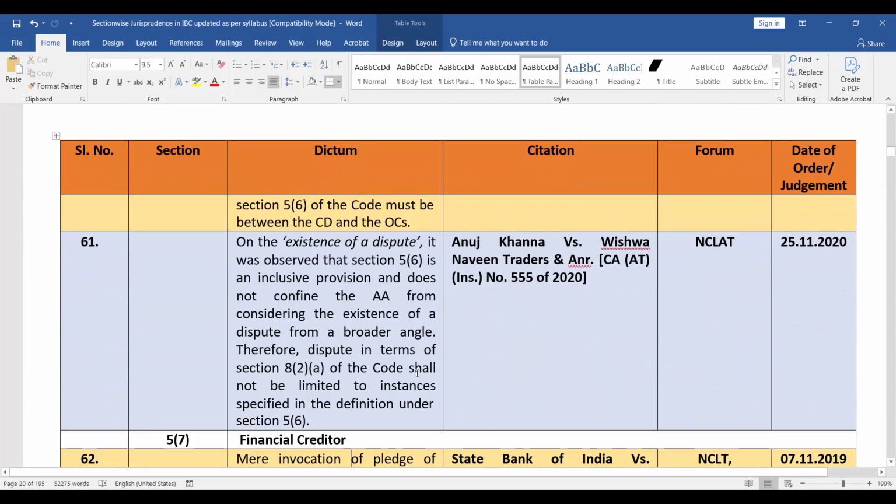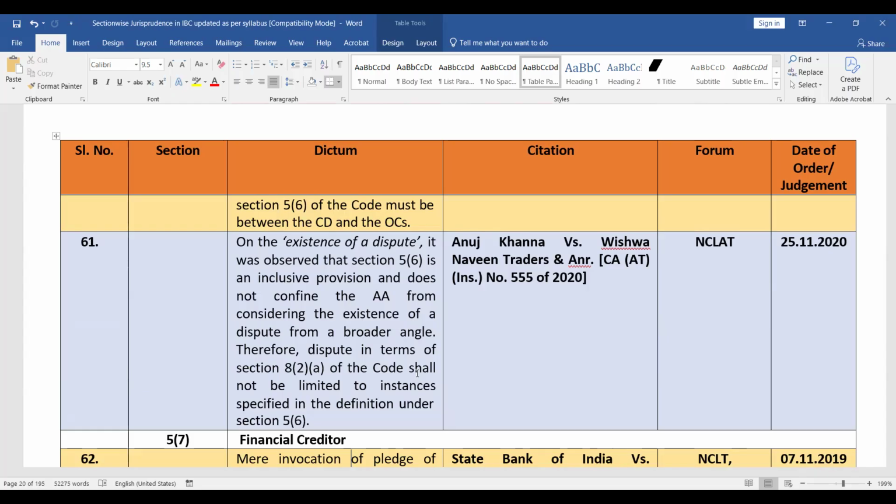Next is, on the existence of a dispute, it was observed that section 5 subsection 6 is an inclusive provision. जब ये बैंक्रप्सी लॉ रिफॉर्म्स कमेटी थी ना, बीएलआरसी में एक्सक्लूसिव डेफिनेशन थी, वहां क्या लिखा था? डिस्प्यूट मींस. लेकिन जब कोड बनाया तो कोड बनाते टाइम इसको कर दिया इंक्लूड्स, तो इंक्लूसिव डेफिनेशन कर दिया. तो on the existence of a dispute, it was observed that section 5 subsection 6 is an inclusive provision and does not confine the NCLT from considering the existence of a dispute from a broader angle.